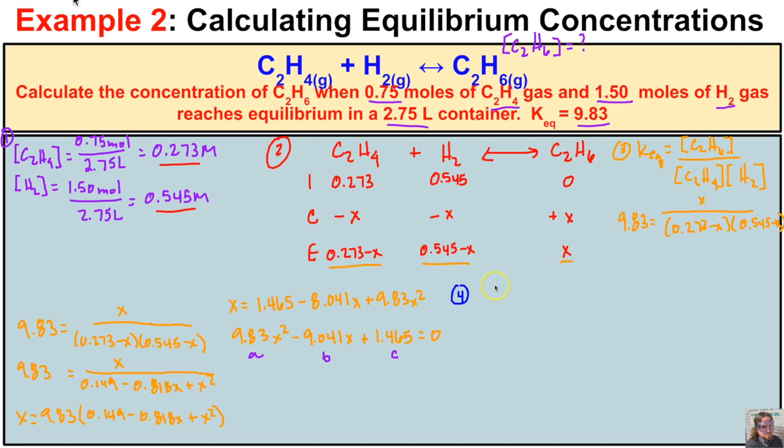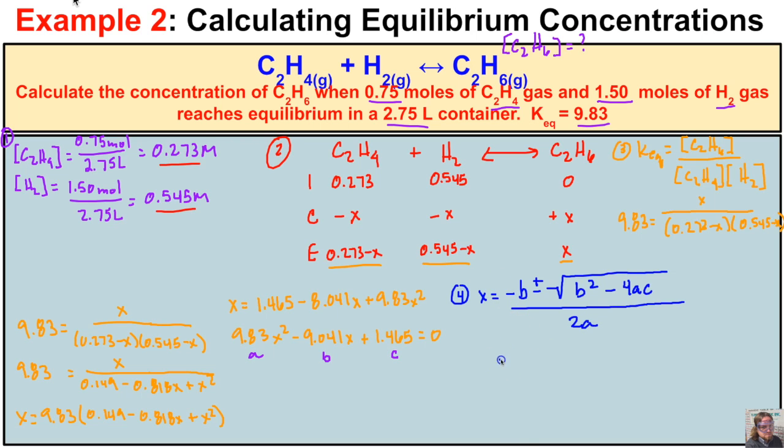In step 4, we know we want to solve for x right here. Then x is going to be equal to negative b plus or minus the square root of b squared minus 4ac, and this is going to be all over 2a.